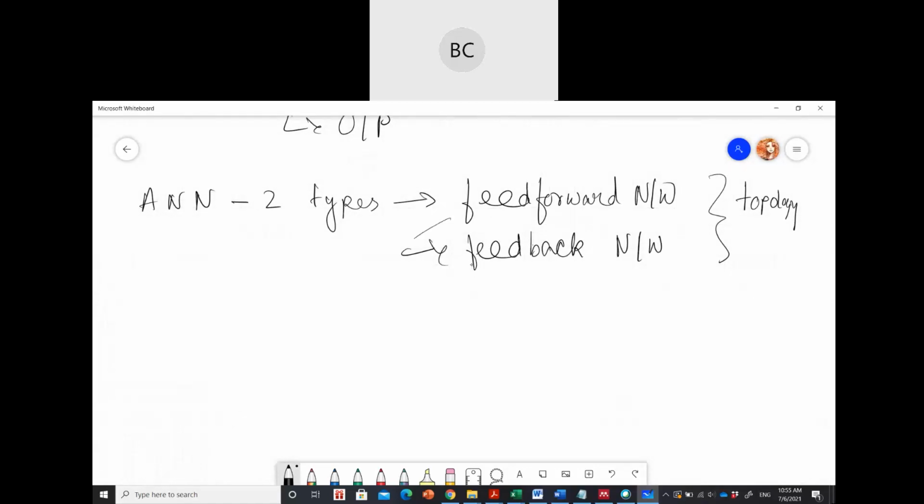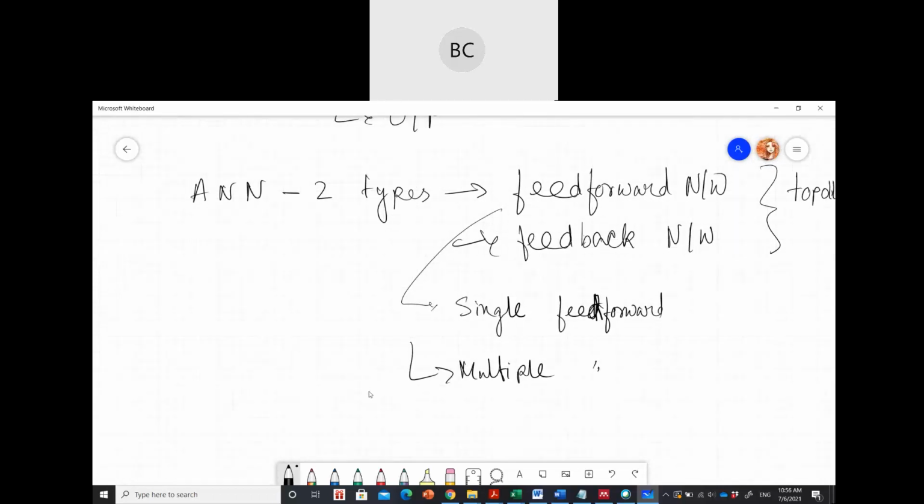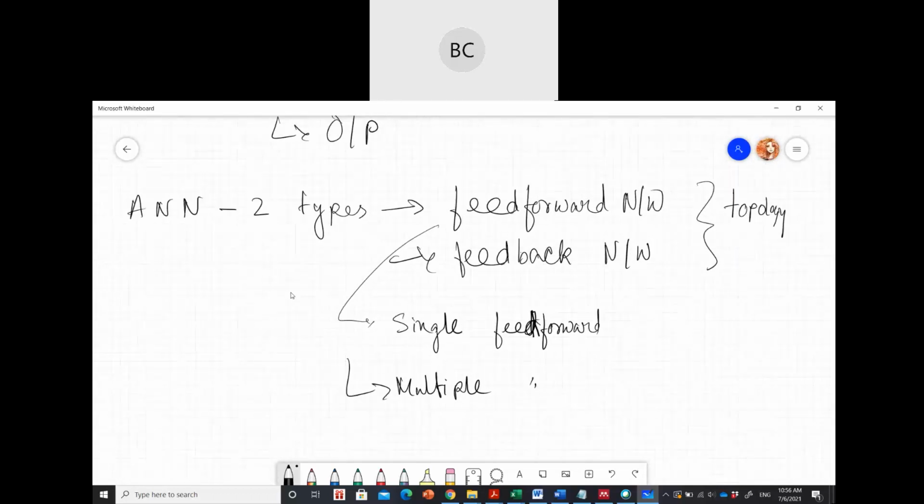Feed forward networks can also be of two types: single layer and multiple layer feed forward. Your MLP is the multiple feed forward network. A single feed forward network has only the input layer and the output layer. For multiple, you have the input layer, the hidden layer, and the output layer.